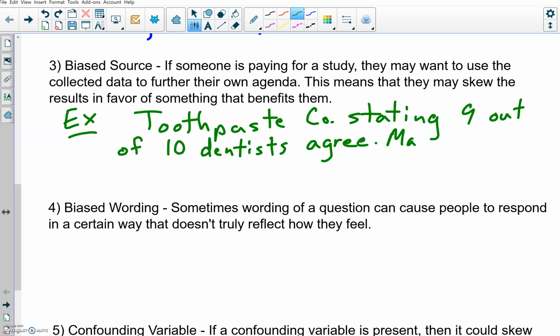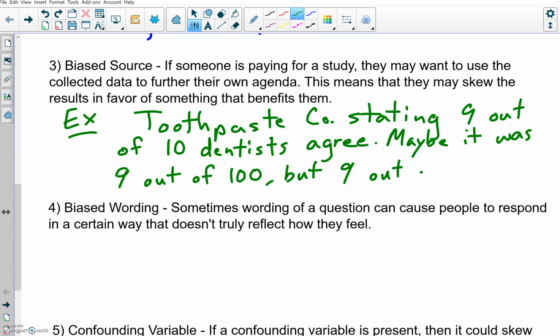But maybe it was 9 out of 100. But 9 out of 10 definitely sounds better, so they're going to use that. So you definitely want to be careful. They might leave something out of the report, or kick some data out in order to make their results sound better.